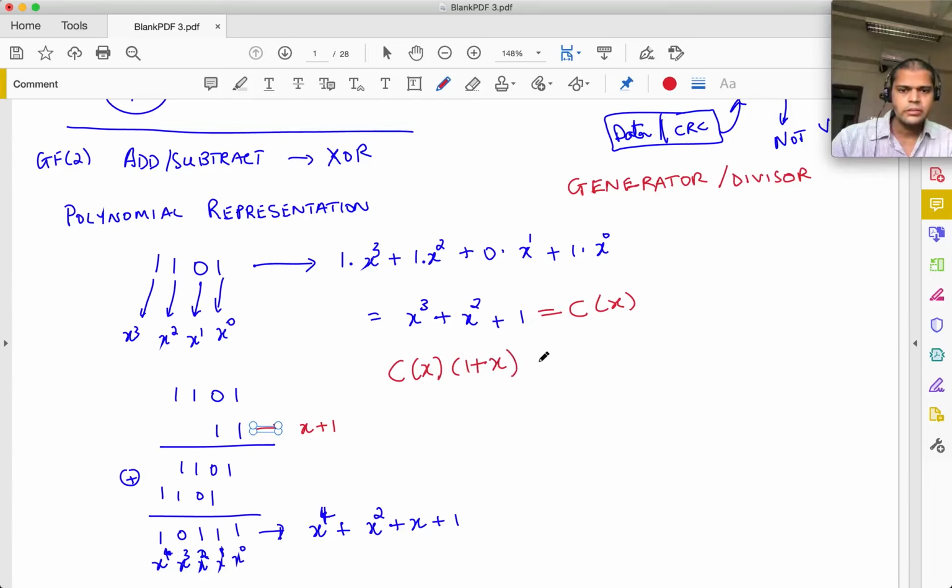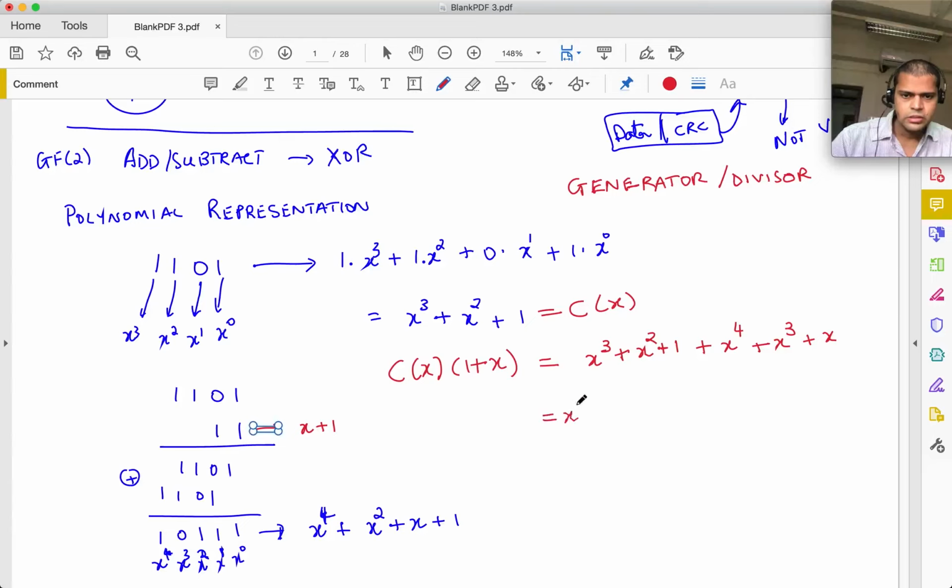What do I get? Well, it's going to be x cube plus x square plus 1, plus I'm going to multiply everything by x, so I'm going to get x to the power of 4 plus x cube plus x. This is where I'm multiplying c of x with x. So what is the resultant?